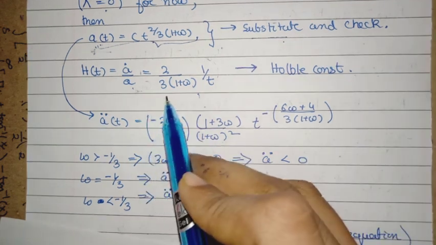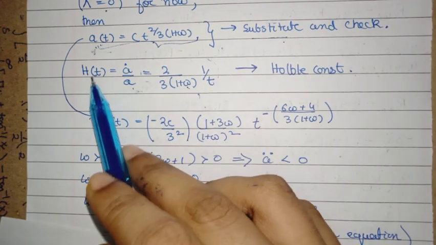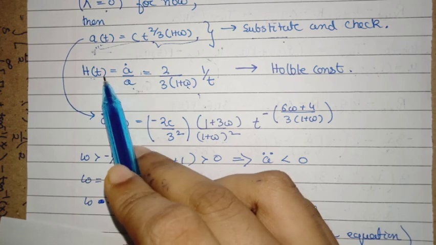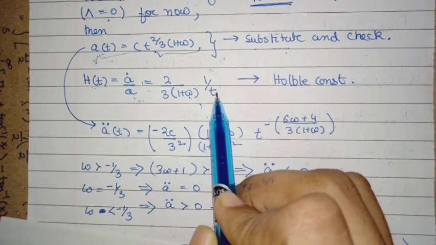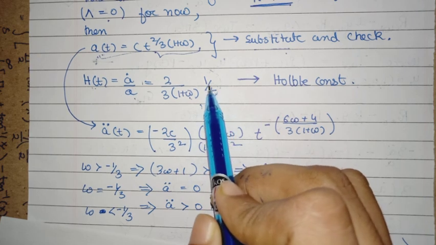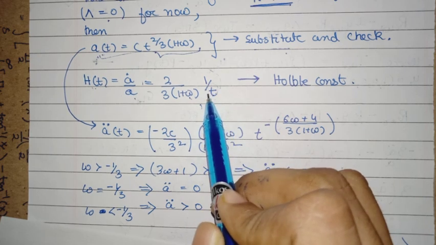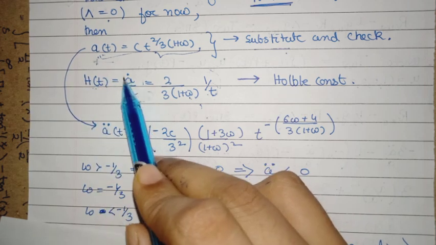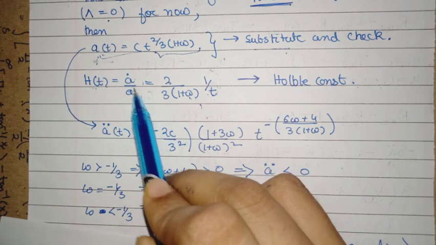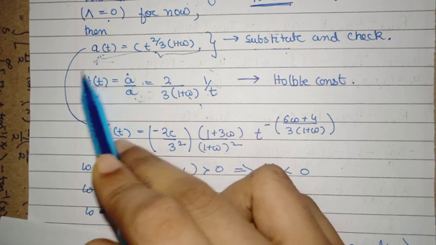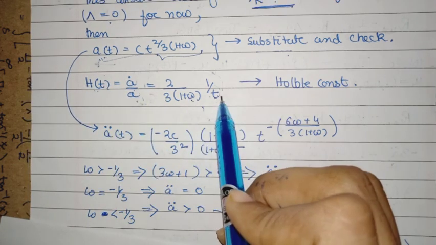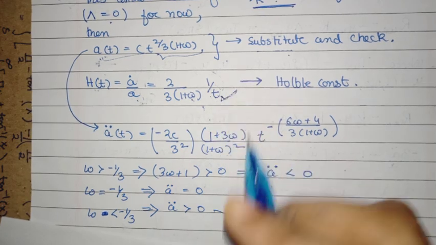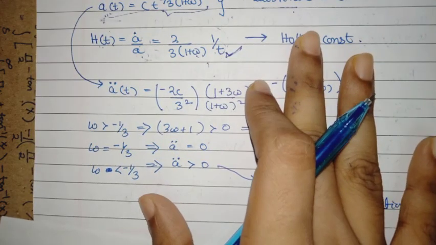So the point is, you see, given omega, and you measure the Hubble constant, you can find out the time, you can find out how old is the universe. This is really, as this is a dot divided by a, this parameter can be measured. This measuring gives us the time of the birth of the universe, from the birth of the universe.